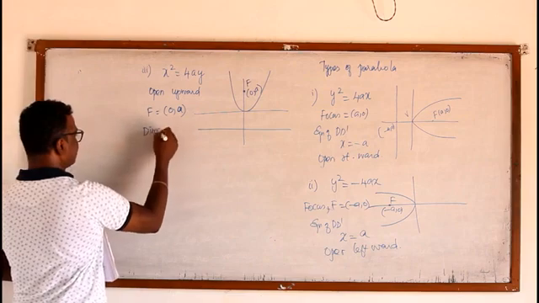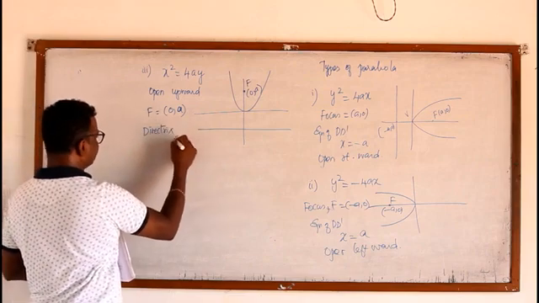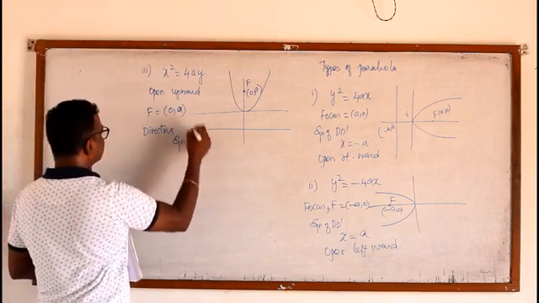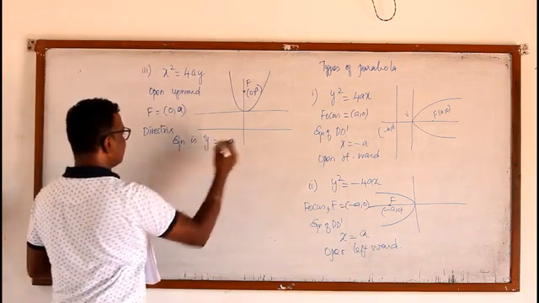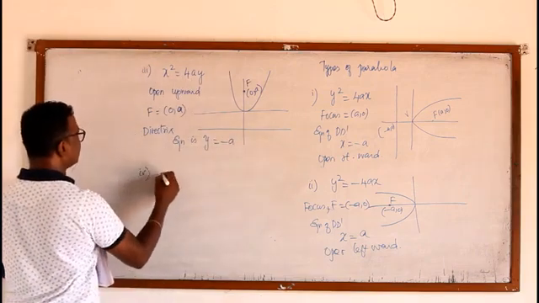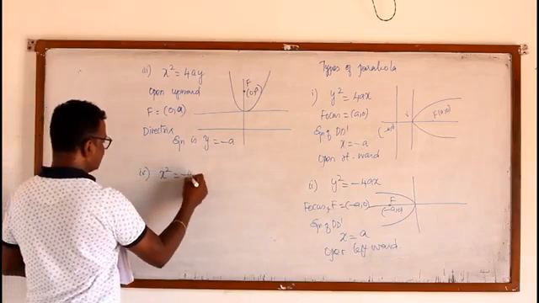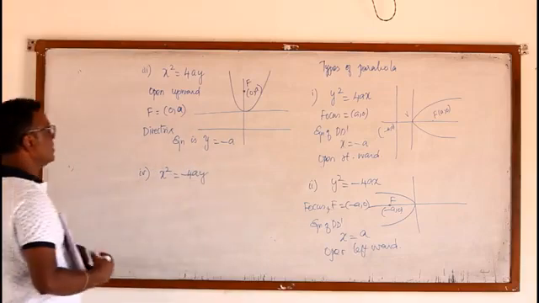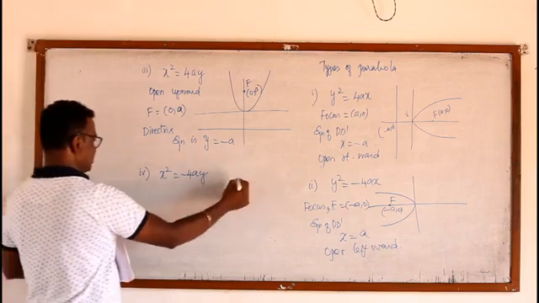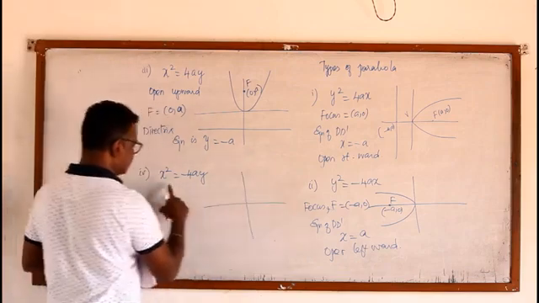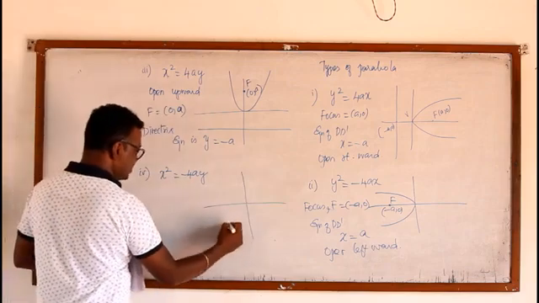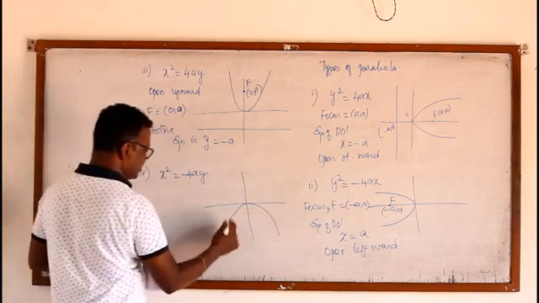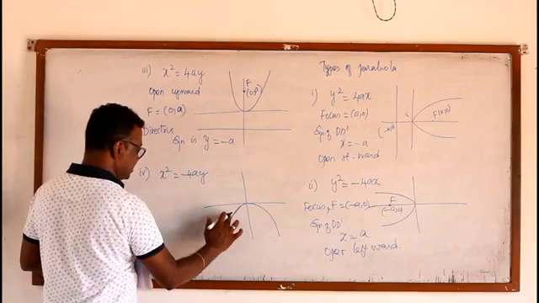We are going to write only the equation of the directrix: y equal to minus a. Then the fourth one, x square equal to minus 4ay. Let us draw this curve. X square means the curve will be symmetric about the y axis; minus comes, therefore it is symmetric about the minus y axis, that is, the y dash axis.